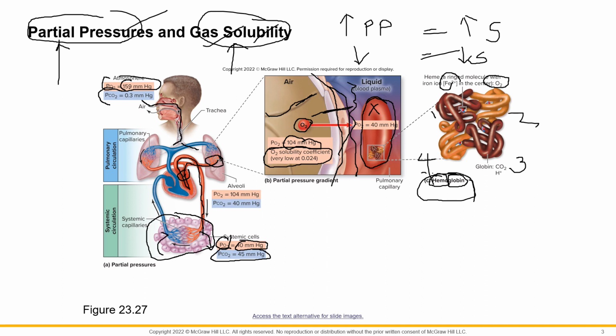It's going to hitch on right here, travel through your systemic veins, and through your inferior and superior vena cava, and get dumped in your right atrium. From the right atrium, it goes to your right ventricle, exits the heart through your pulmonary arteries, and goes right into your lung, where it is going to diffuse out. We're going to look at molecularly how this happens.